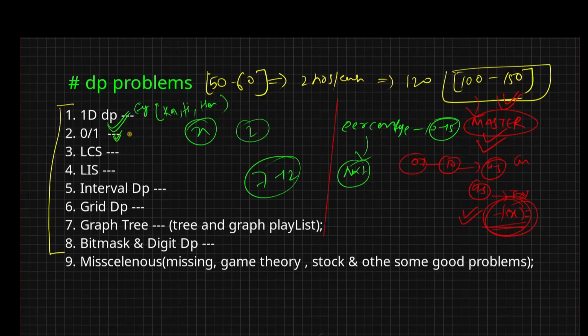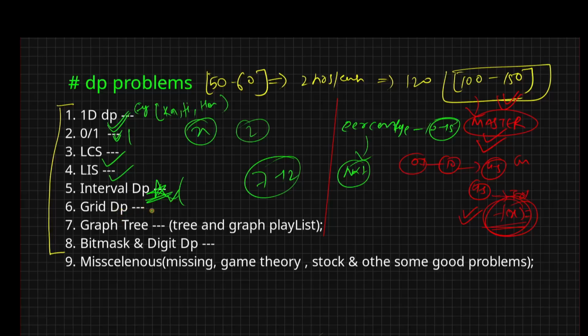Here we have 0/1 knapsack, unbounded knapsack, rod cutting, and many more problems. LCS also we cover 5 to 6 problems. LIS, longest increasing subsequence, here also we will cover 5, 6, 7 problems. Interval DP is important and a little bit challenging, so here we will cover more problems.